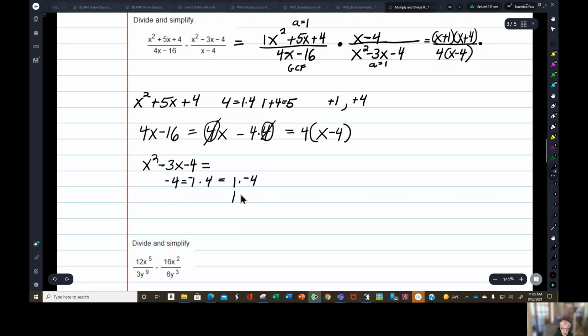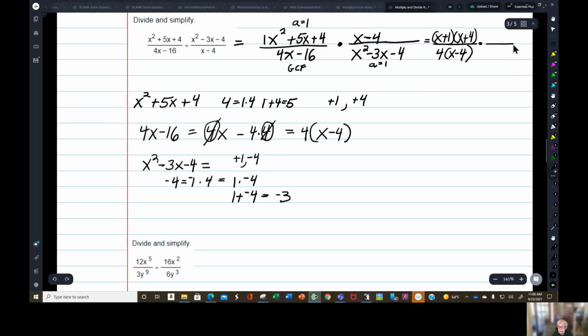And if I add positive 1 plus negative 4, I will get negative 3. Okay, so now I know how to factor this. I am going to use the numbers positive 1 and negative 4.